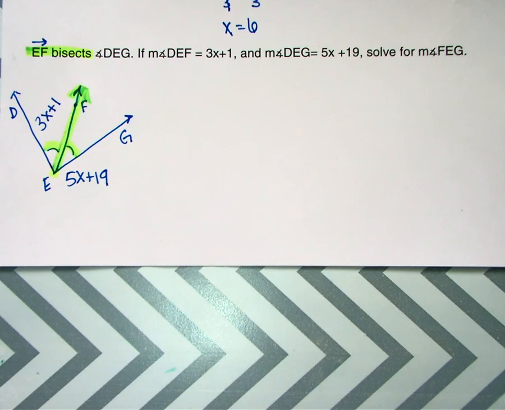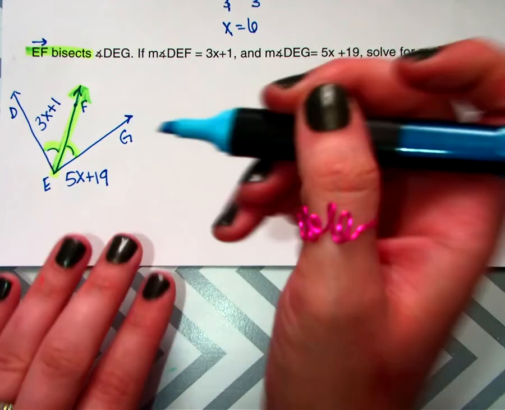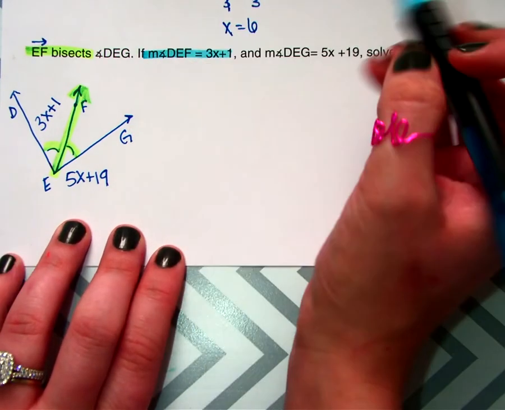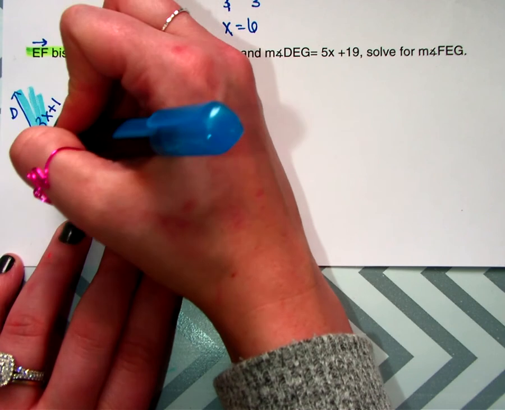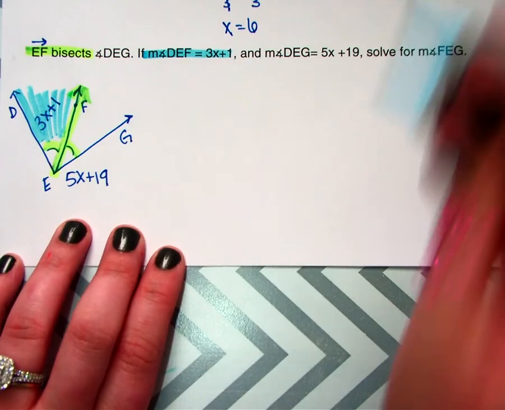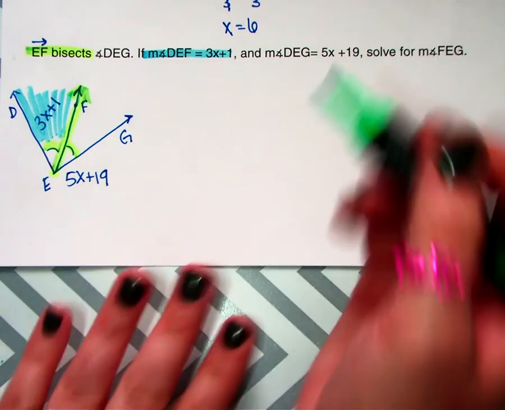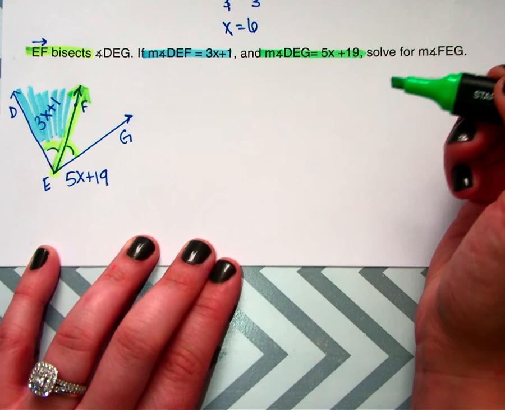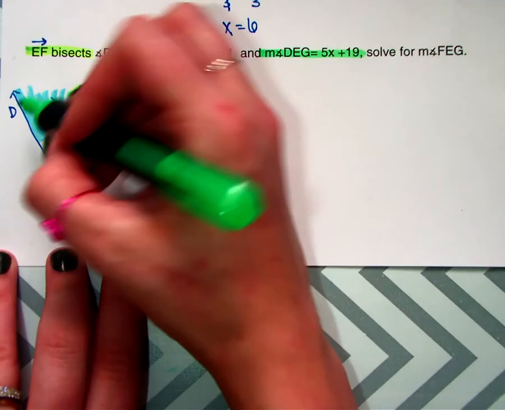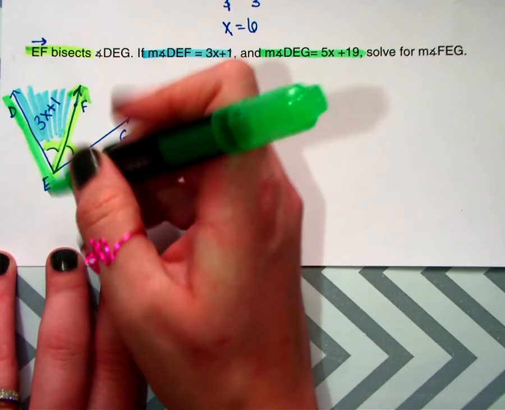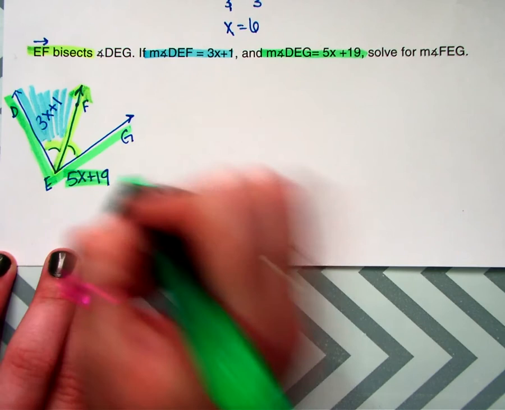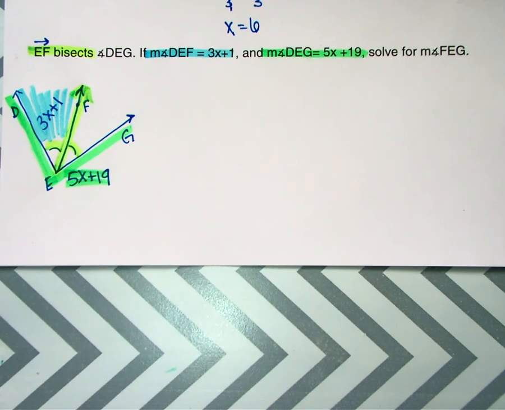So notice in this question, I've given you a part, DEF is here, and I've also given you the whole, the measure of DEG being 5x plus 19. That is the big angle. And it's important to recognize that now you have information about the whole angle, which means angle addition is the way to solve this problem.